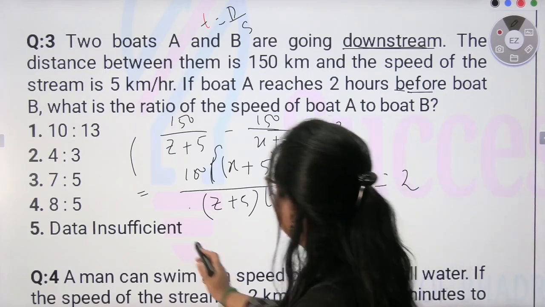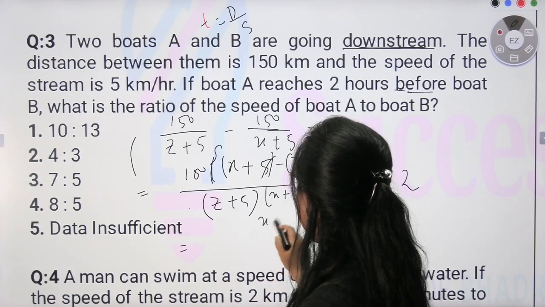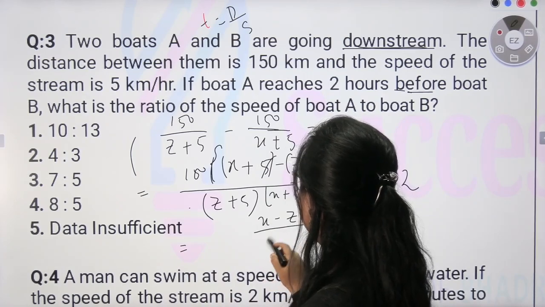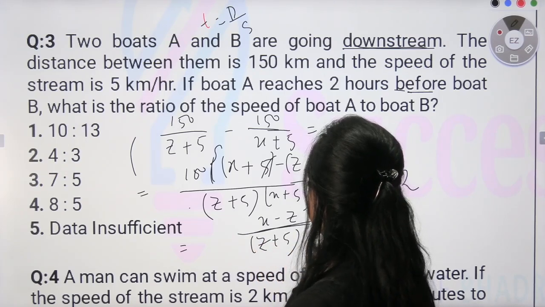So if I calculate, from here 5 will cancel out, X minus Z will be Z plus 5.